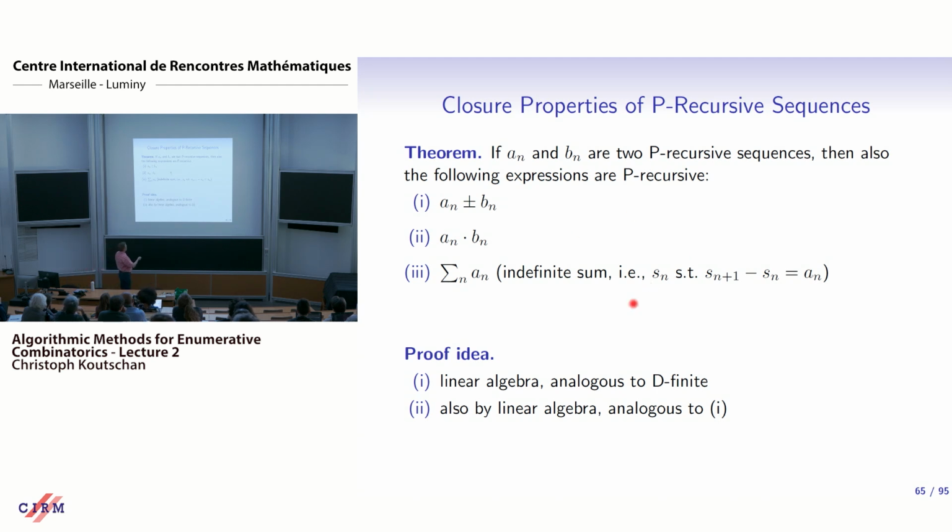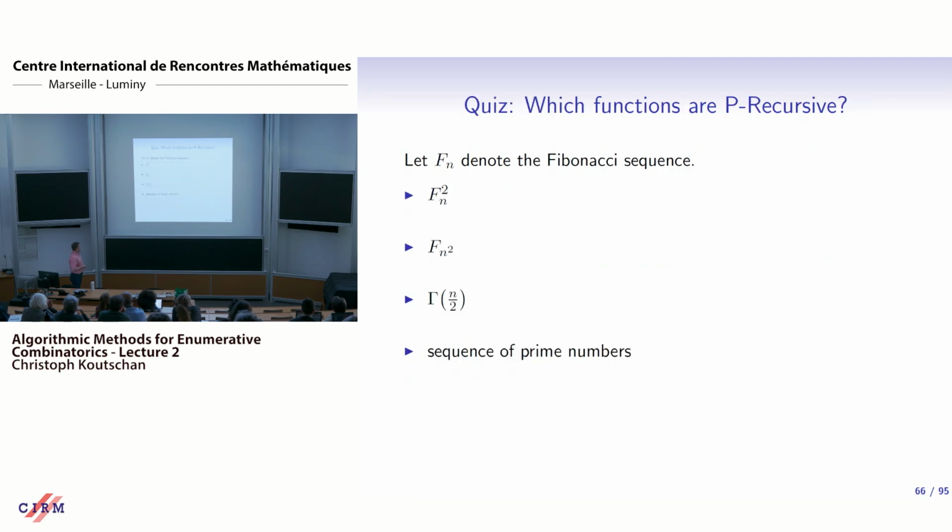So any sequence s(n) that satisfies s(n+1) minus s(n) equals a(n), so this is the discrete analog of the antiderivative, and it works by the same trick. And instead of algebraic substitutions, we can do integer linear substitution of the index, and p-recursiveness is preserved. And again, we do a quiz.